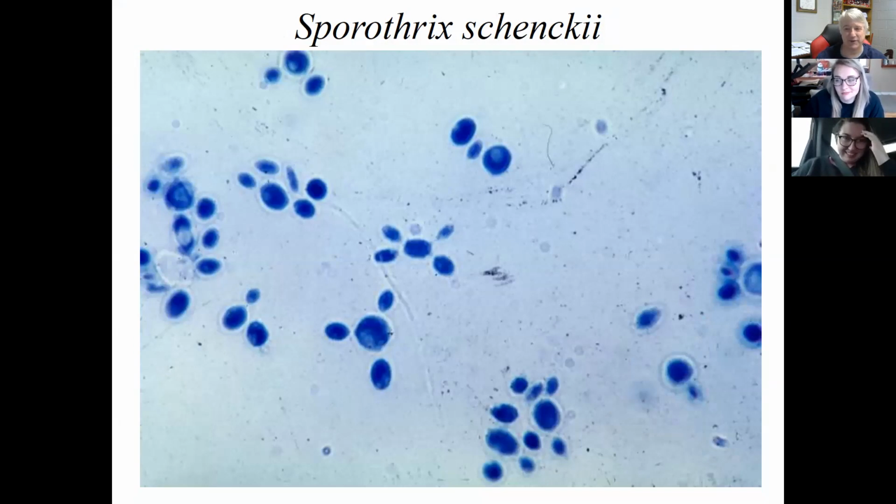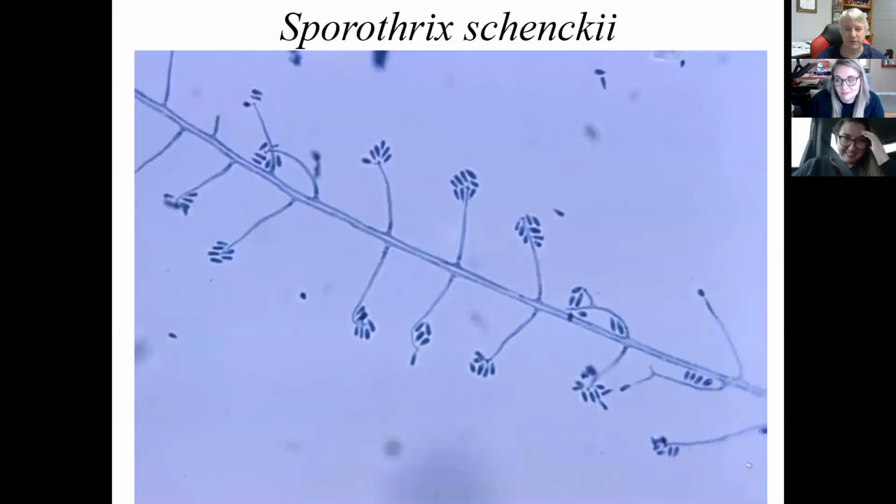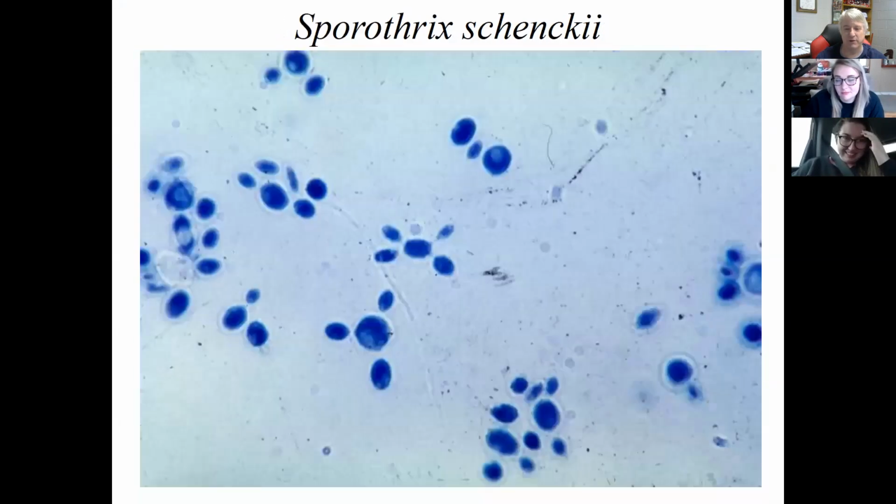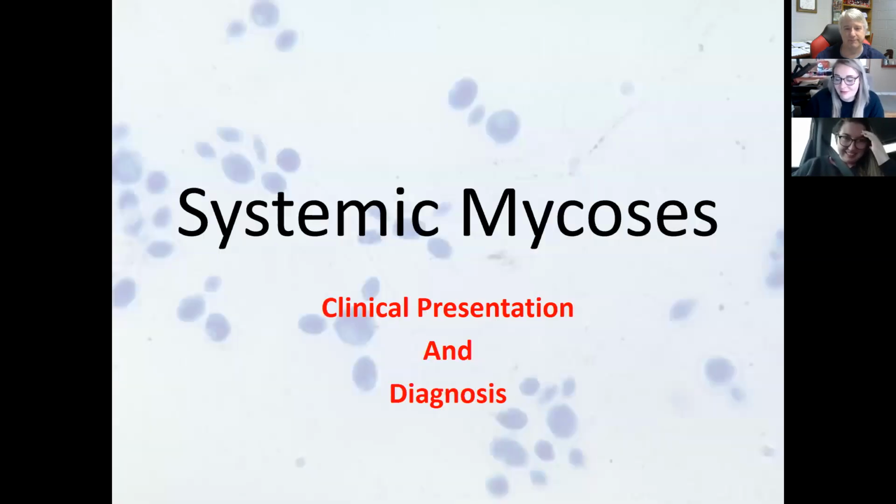Allison froze, so I think we lost Alan. Somebody want to help? So if this is the mold form, what is this? Yeast. Yeast form. Okay. I'd go with yeast. Okay, yes. All right.